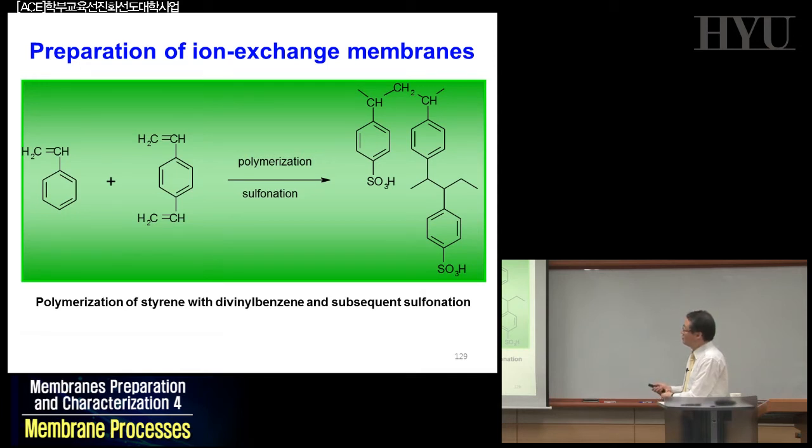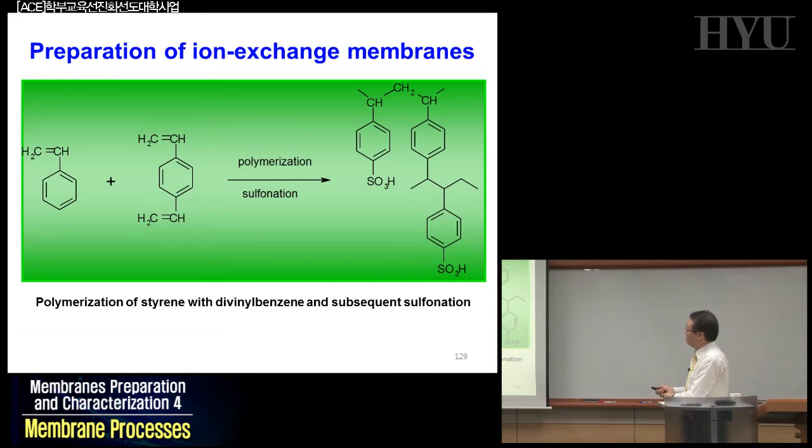If you sulfonate them, you can make a sulfonated polystyrene at the para position of the vinyl group, because this is the para position, the ortho and para functional monomer positions.